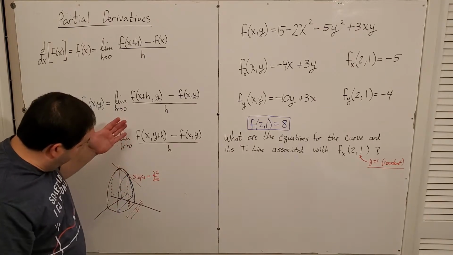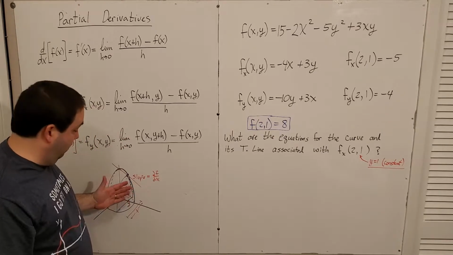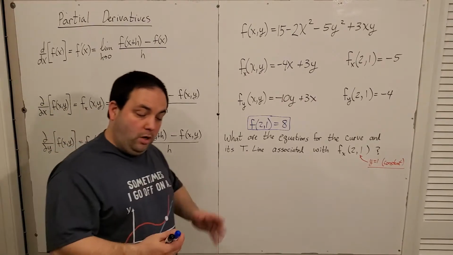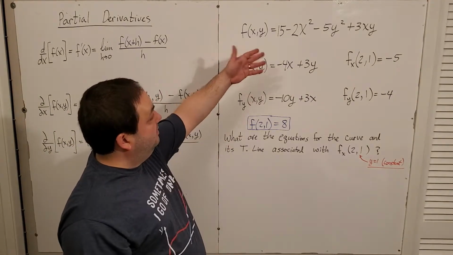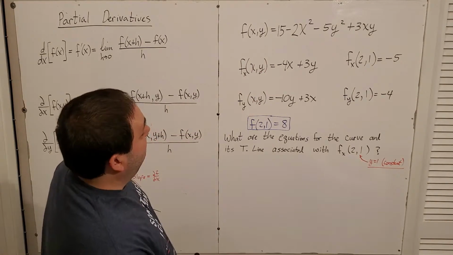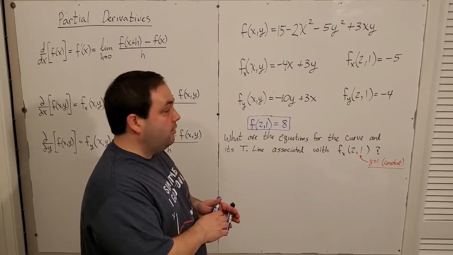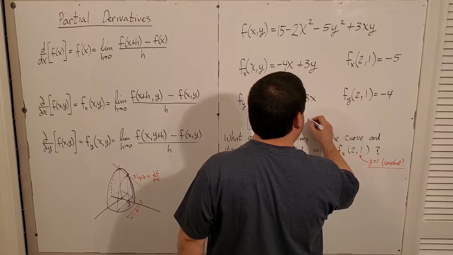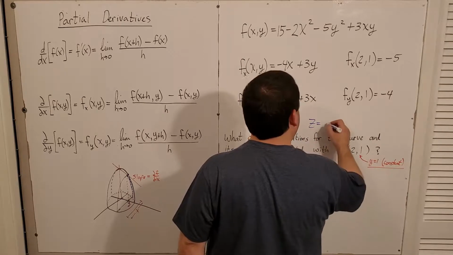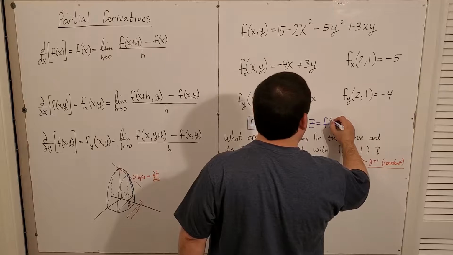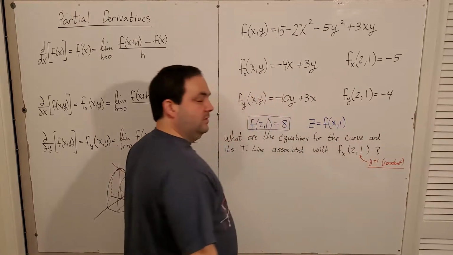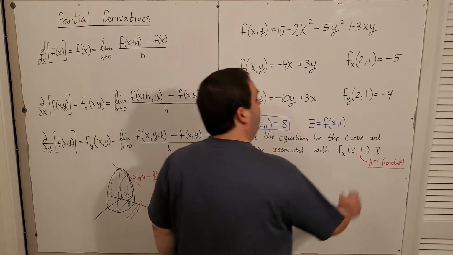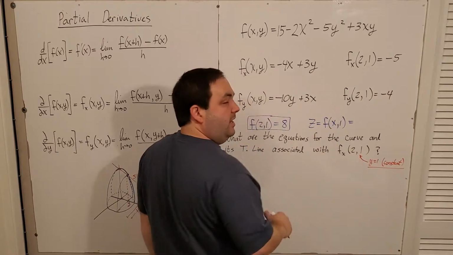Next, we want to find the slice where the y being held constant hits our surface, and what kind of shape that's going to give us. Well, we already can tell it's going to be a parabola, and the actual equation is pretty straightforward. I'm going to have z equal to f(x, 1), like that. See, I'm letting y be held constant at 1. And so this is just going to be a function of x.